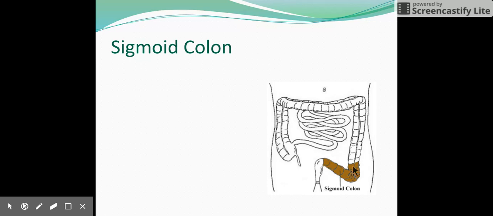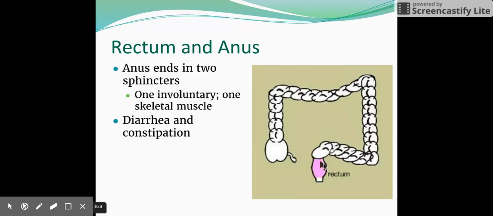The sigmoid colon, which is this little hook at the bottom of the descending colon. Then you have the rectum, which is the kind of holding chamber before we have the anus, which is right down here. The anus consists of two sphincters. One is involuntary.